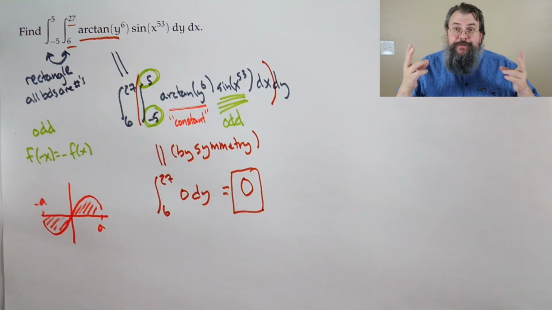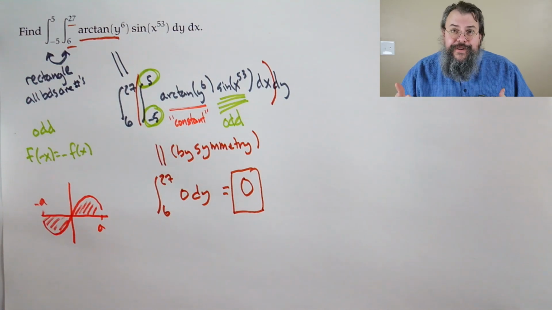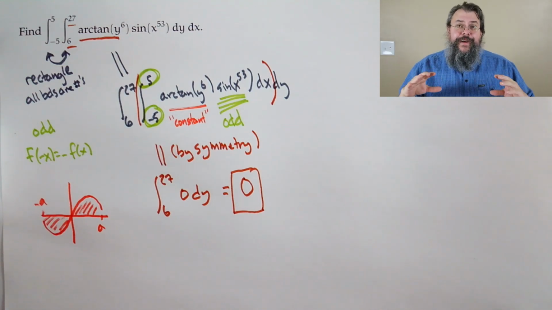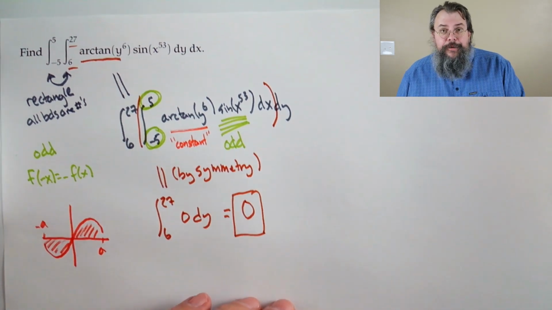Sometimes it helps to switch order of integration, but also don't forget all the fun things we learned in Calculus 1. Things like symmetry. Symmetry is your friend. You should hang out with symmetry more often. Invite him over for dinner and say, hey, symmetry, it's been a while. Why don't you come on over? Bring the family. Let's have a talk.